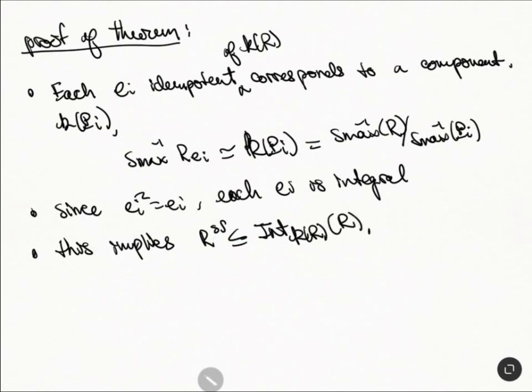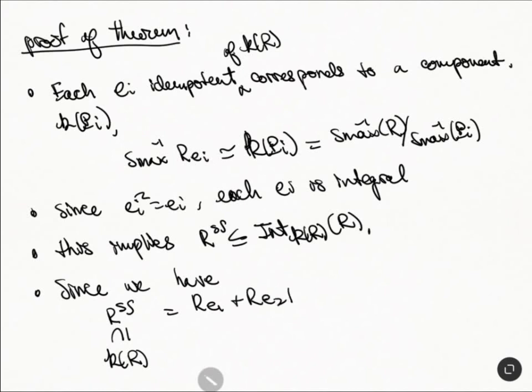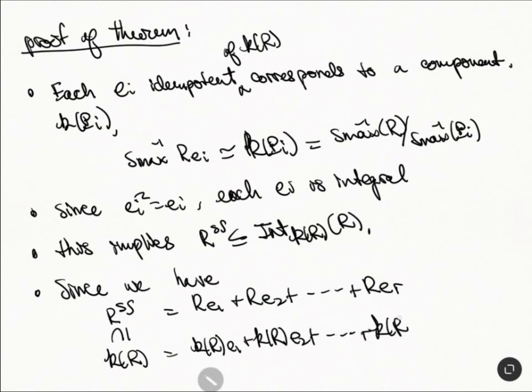Okay, so we've already broken it up. Since these are in a direct sum, the summands are contained in kappa of R, and this is R e_1 plus R e_2 plus dot dot dot plus R e_r, and this is kappa of R e_1 plus kappa of R e_2 plus kappa of R e_r.